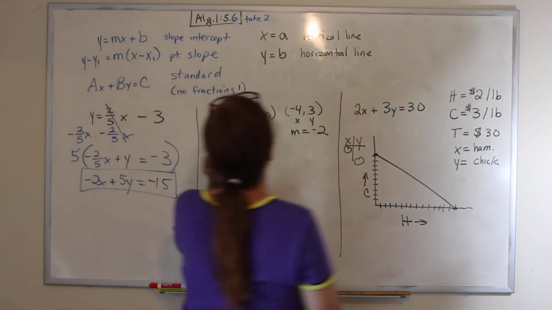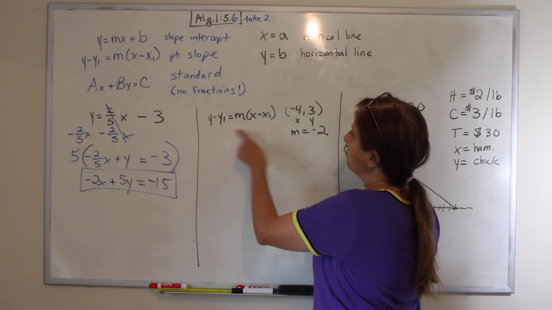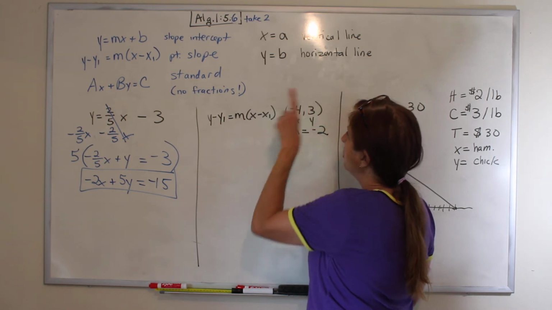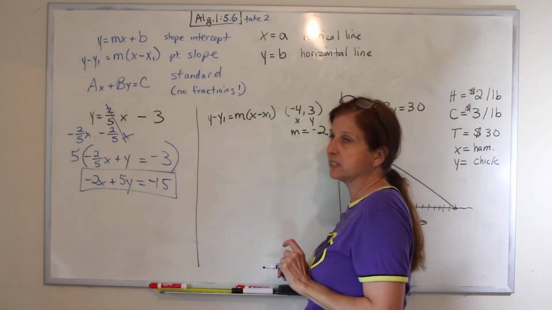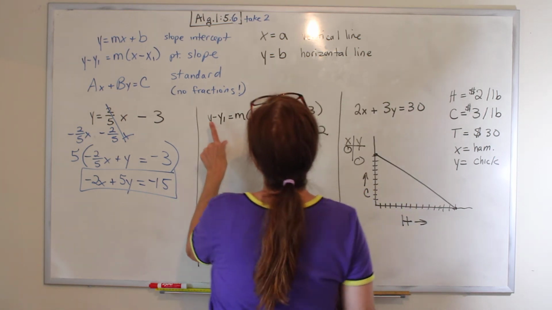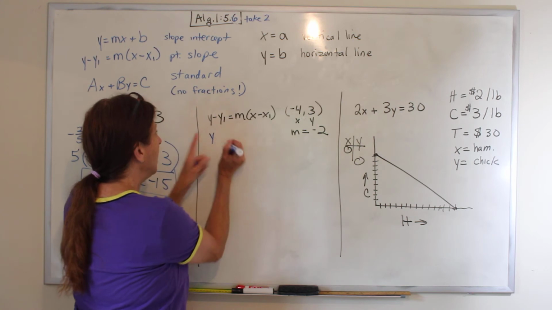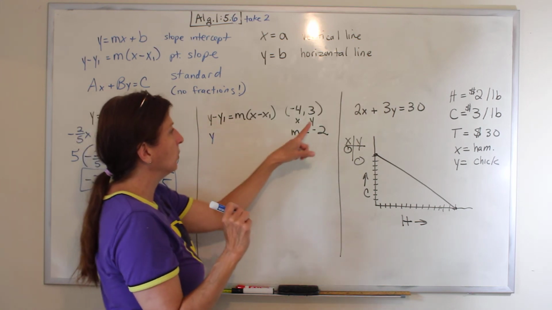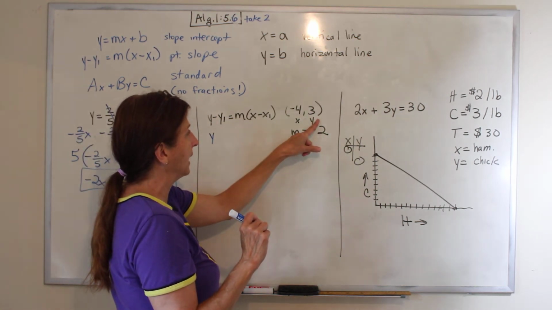Okay, here's another one. Here we have point slope. We're going to put this information into point slope and then we're going to change it to standard form. Okay, so we write it down, y minus y1, which is the only y we got.